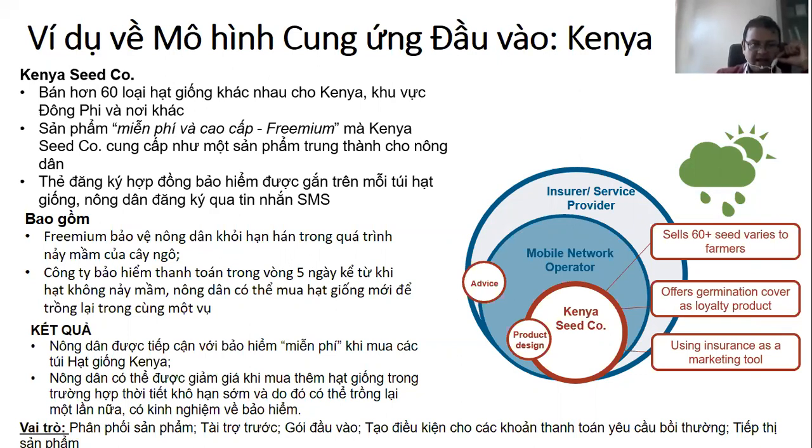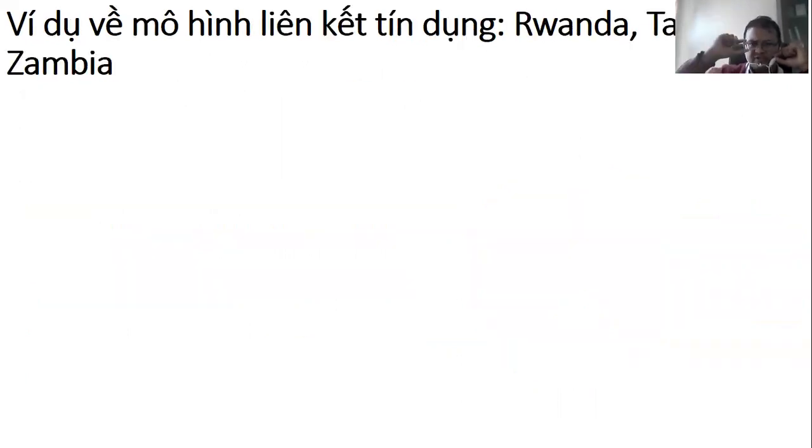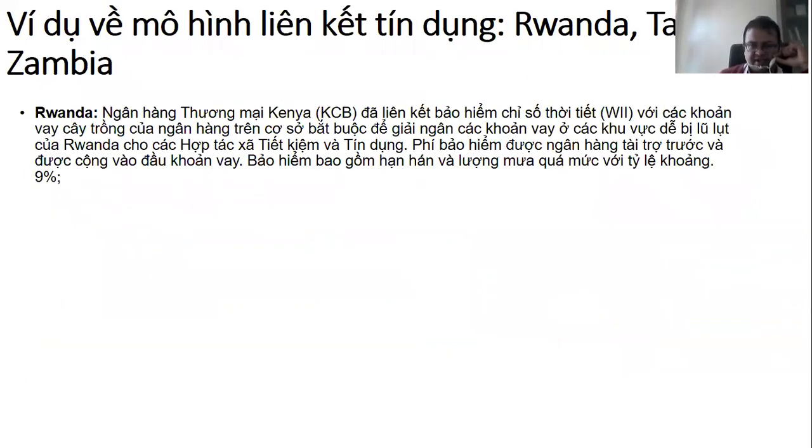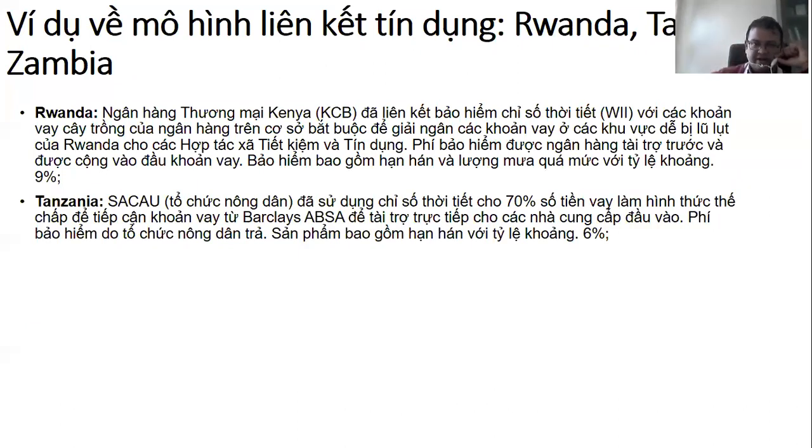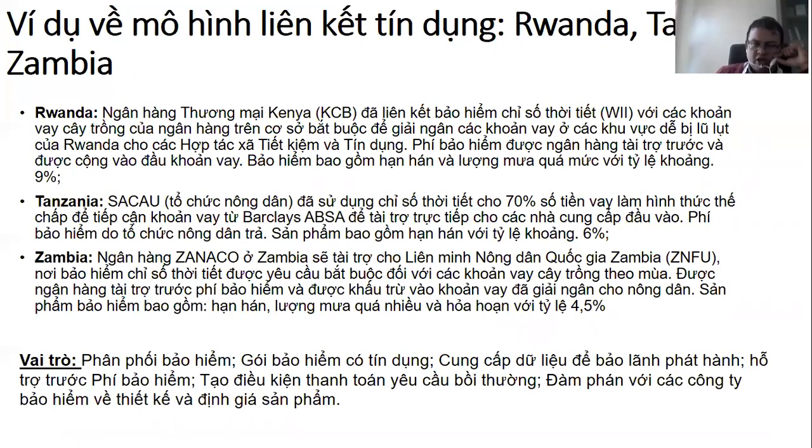And finally, some quick examples related to insurance linked to finance or credit. There are a few examples here from different countries, again in the context of Africa. Without going into all of the details, essentially in all these countries, we've seen that banks of different types have bundled insurance, in particular weather index insurance, with crop loans.